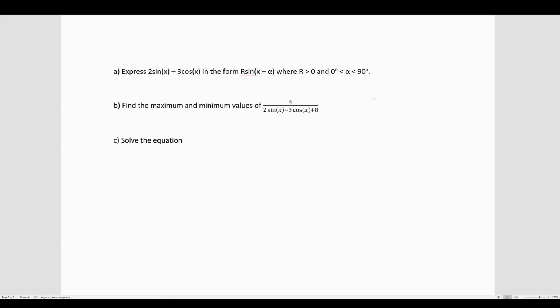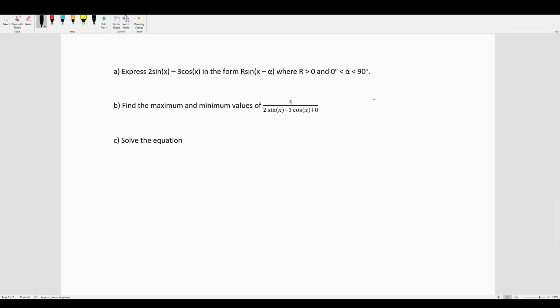In this question, we are asked to express the trigonometric function 2 sine x minus 3 cos x in harmonic form, specifically the form r times sine of (x minus alpha), where r is greater than 0 and alpha is strictly between 0 and 90. We are then asked to find the maximum and minimum values of 4 over (2 sine x minus 3 cos x plus 8).